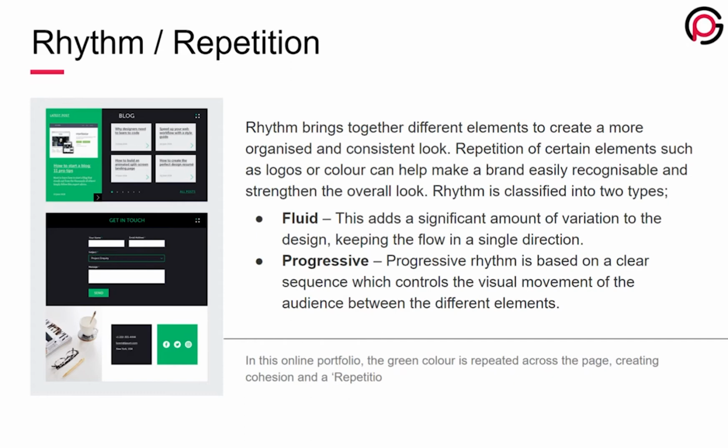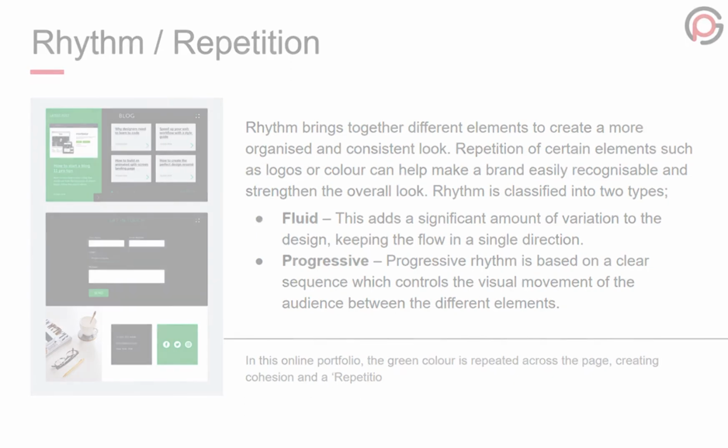Although these designs are different, the elements occur repeatedly and a whole campaign is running. That is rhythm. You can see an online portfolio where green color is used repeatedly. Then that is called rhythm.